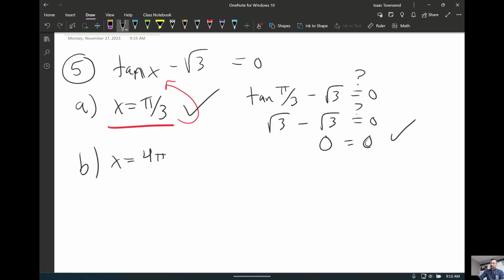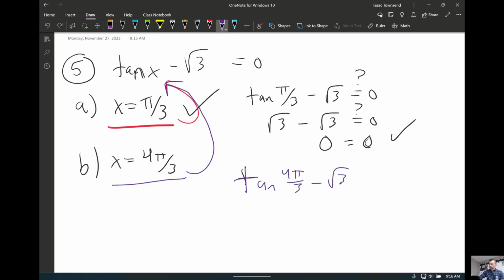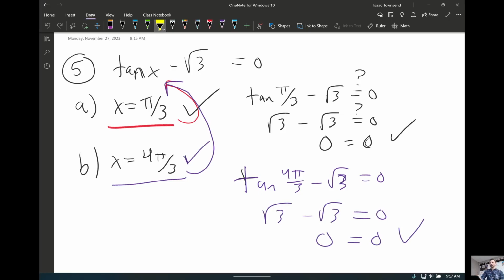And this had a part 2, but you're just plugging in a different angle. Tangent at 4 pi over 3 is square root of 3. So you get a true statement. So that is guaranteed to be a solution too.